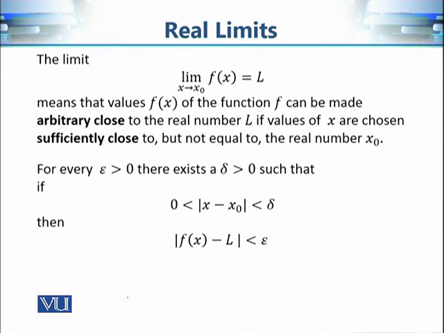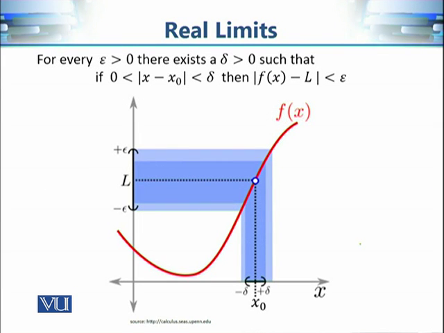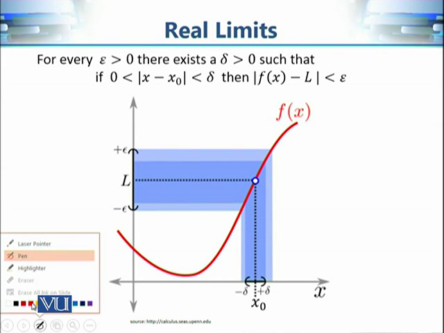So more precisely, for every epsilon greater than 0, there exists a delta such that whenever the distance between x and x naught is less than delta, the distance between the functional value and L is less than epsilon. And if this happens, we say that the limit is equal to L. So more precisely, we have the following picture.